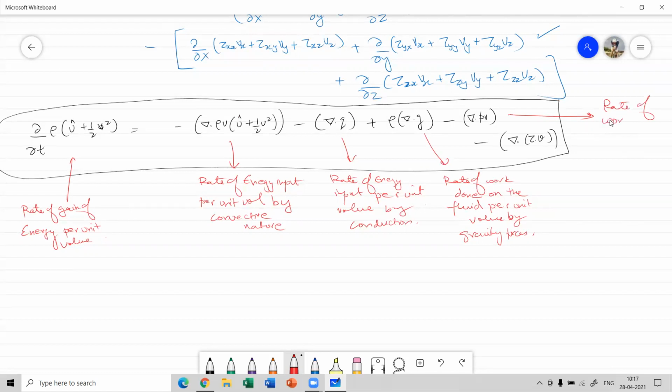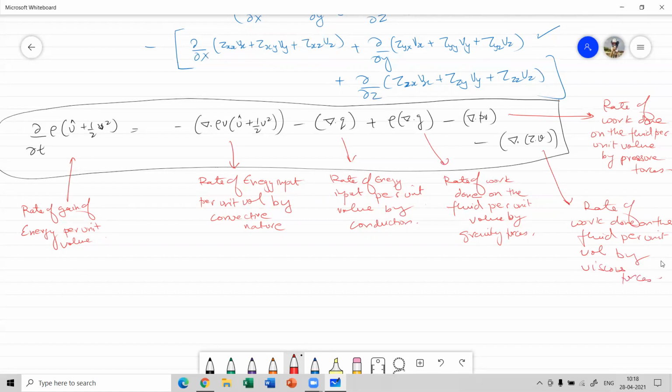Rate of work done on the fluid per unit volume by pressure forces, and this one is the rate of work done on the fluid per unit volume by viscous forces.